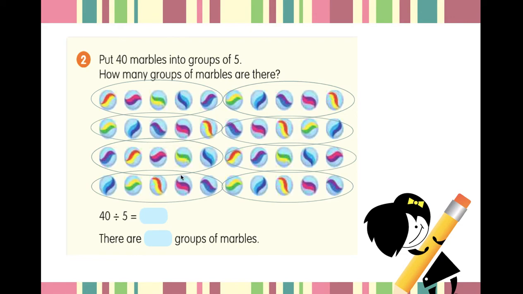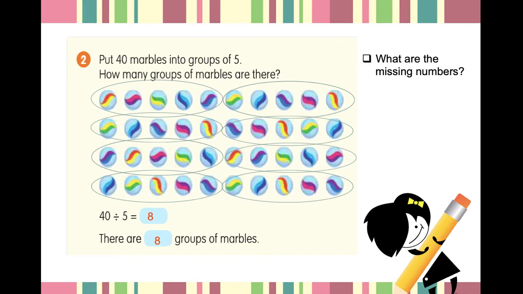Now, can you guess how many groups there are? Count. Check your answer. Well done. There are 8 groups, and in all the 8 groups you have an equal division of 5 marbles. So there are 8 groups of marbles. Okay?